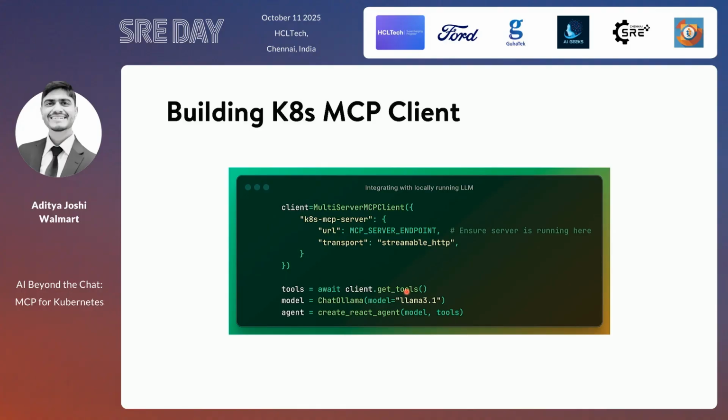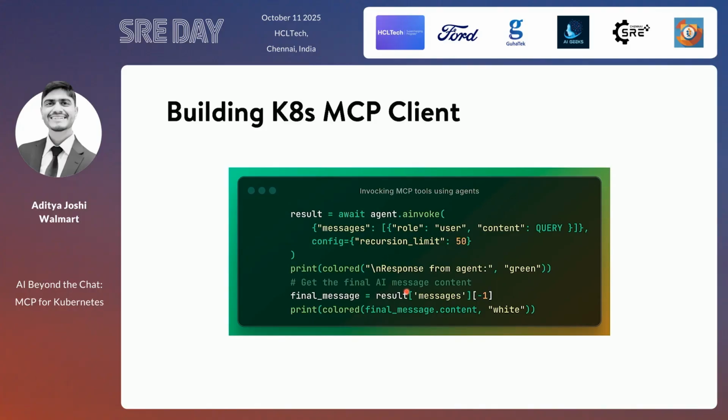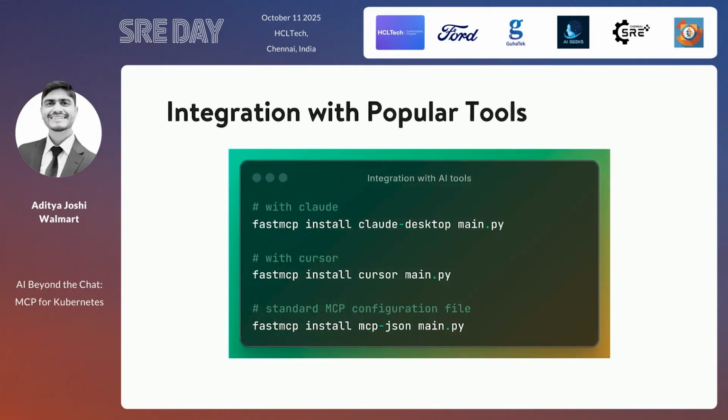It's running locally. Once I start using this model, I'm passing that response to this model. Here you can see I'm just making the call, passing that query to this agent, and then getting the response back. This way, you can build your MCP server, build your MCP client, and then connect with your local models as well.